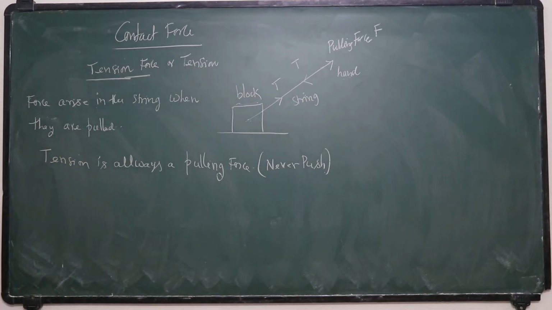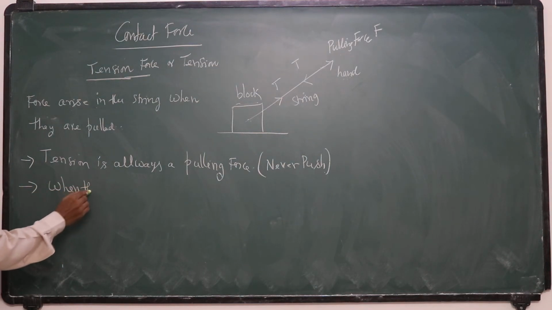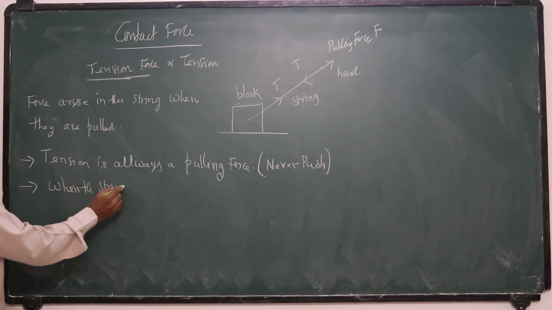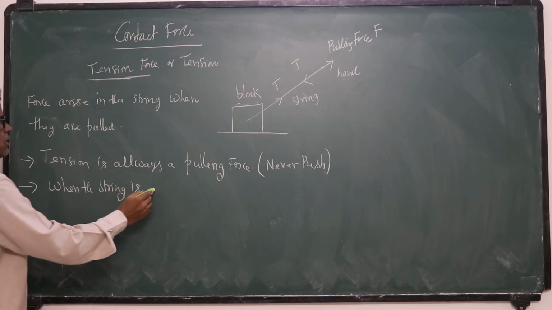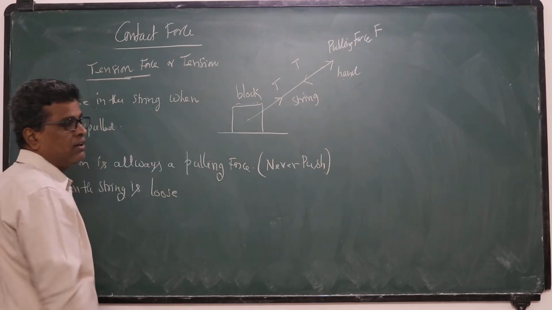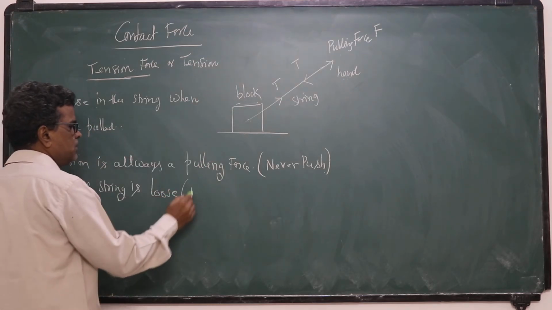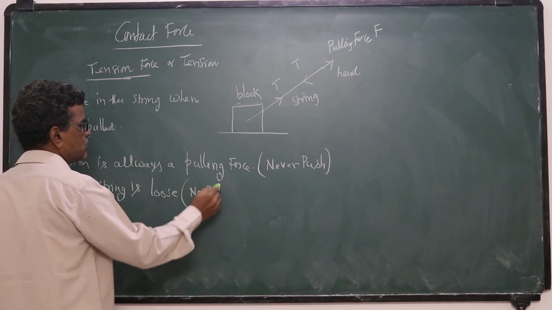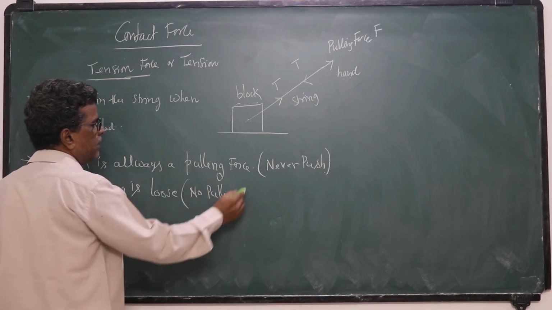So this tension is also a force which arises in the string. When the string is loose, that means no pulling force. Loose means no pulling force.